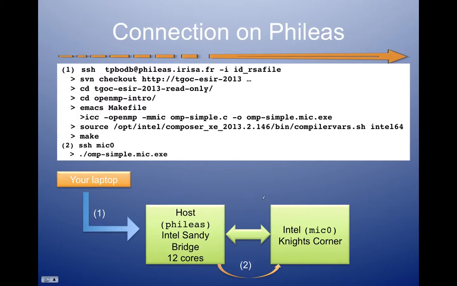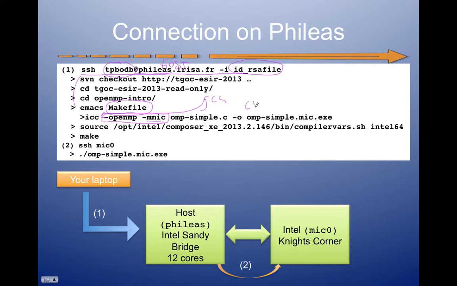Let's get more details about that. So, to connect to Phileas, that will be the host, you do SSH. You should have received this, and this is your login name. You get the file to compile. Then you need to edit the makefile, and you need to change GCC to ICC. And you need to specify that you want to compile OpenMP for the MIC.